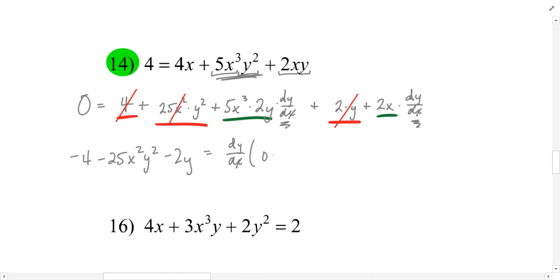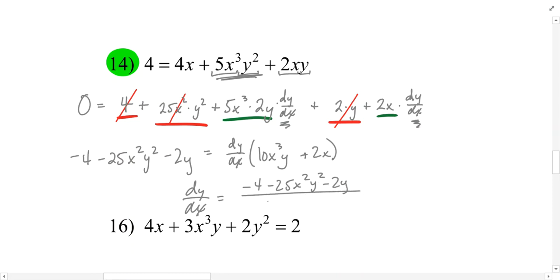We'll call that 10x cubed y and 2x. Now when we divide both sides, we're left with dy dx equals negative 4 minus 25x squared y squared minus 2y, that entire group, divided by 10x cubed y plus 2x. And I think we've got ourselves a derivative.